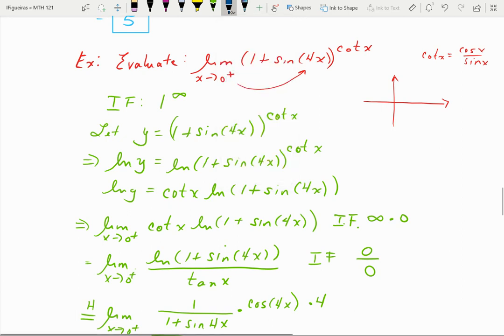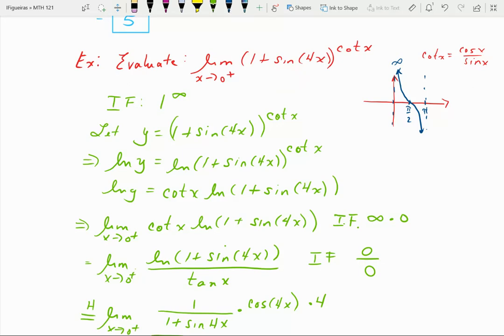So it is undefined at pi and at 0. And here at pi over 2, it has a value of 0, okay? So here's one iteration of your cotangent function. As you get closer and closer to 0 on the right, your cotangent function is going to infinity. So that's where the indeterminate form of 1 to the infinity comes from.